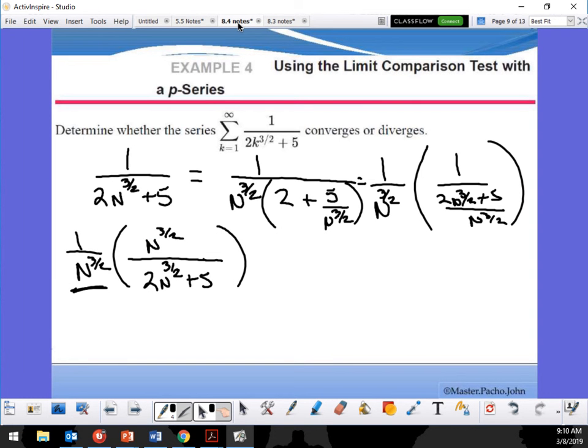So what is my p-value here? 3/2, right? So this is going to give me my p, which is 3/2 minus 1. And this one right here is going to be the sum.